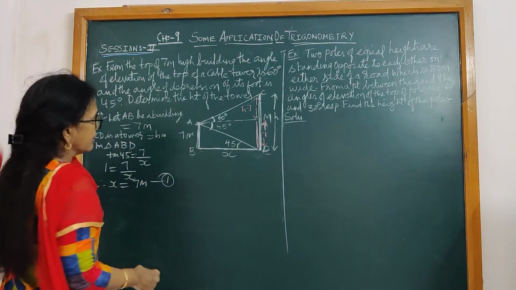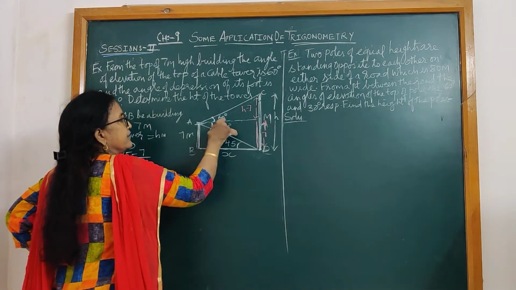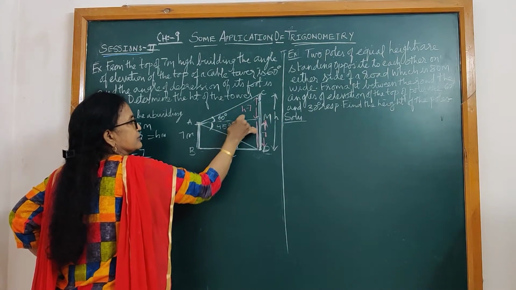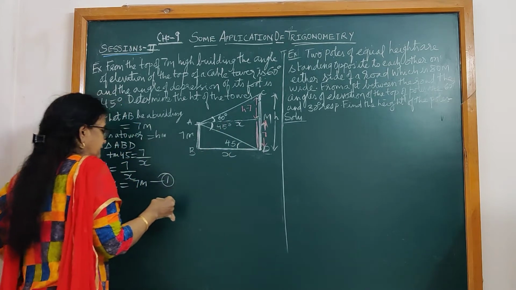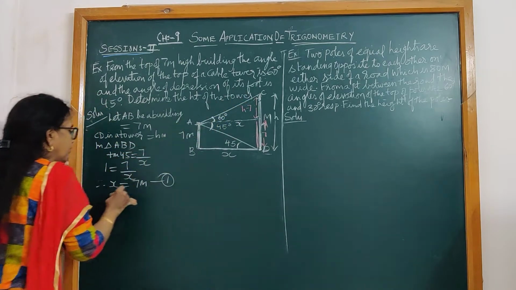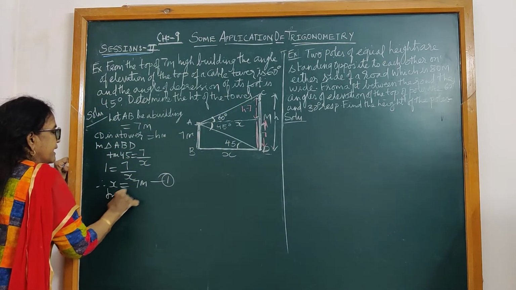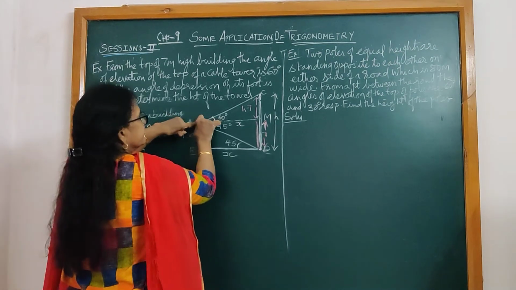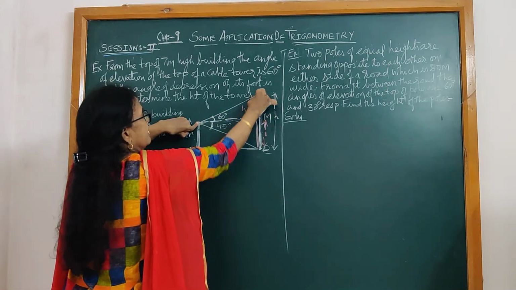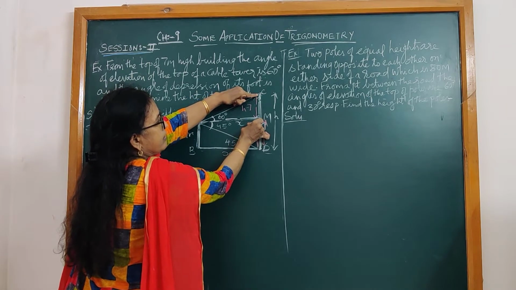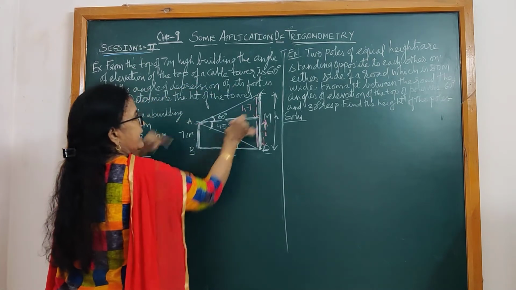Now we come to the other triangle. You can take this triangle, again it is 90 degrees. This is x, so this also becomes x. We will solve in triangle AEC. This is your opposite and this is your adjacent.